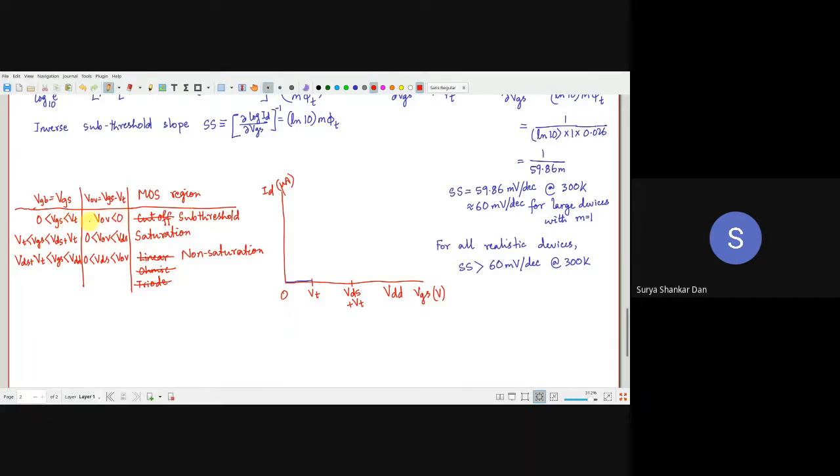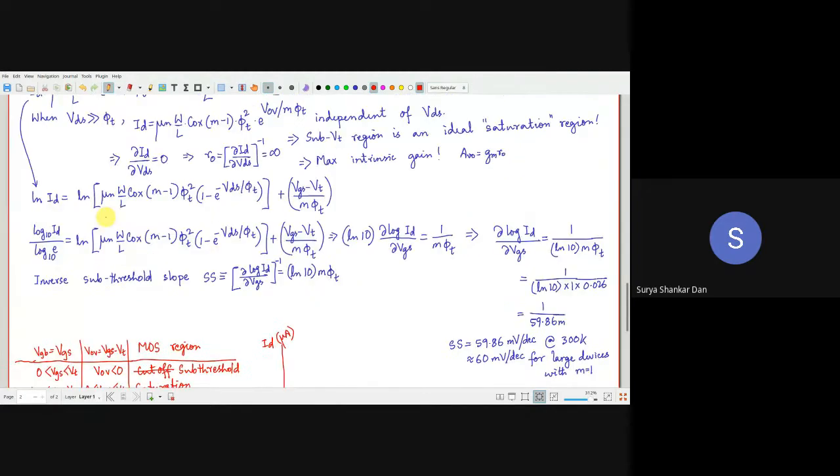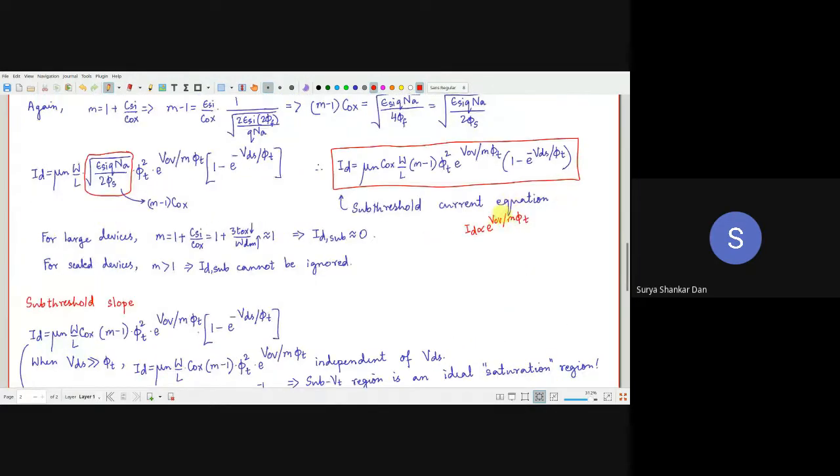That means overdrive is less than 0, right? So what is happening here? If VOV is less than 0, that is negative, your ID will essentially be proportional to what? E to the power of some negative quantity.